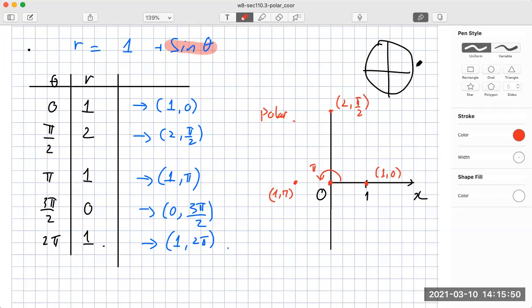It is periodic from 0 to 2 pi. That is why we pick these values from 0 to 2 pi. And if from 2 pi to 4 pi, these values will be repeated, right? It is periodic.